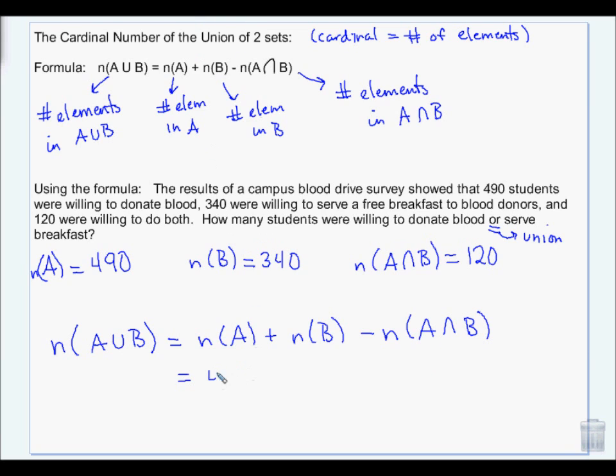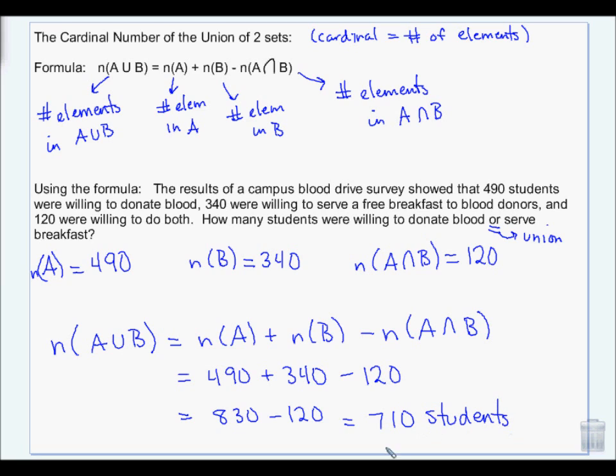So that's 490 plus 340 minus 120. So there are 710 total students willing to help out, whether they're donating blood or serving breakfast or both.